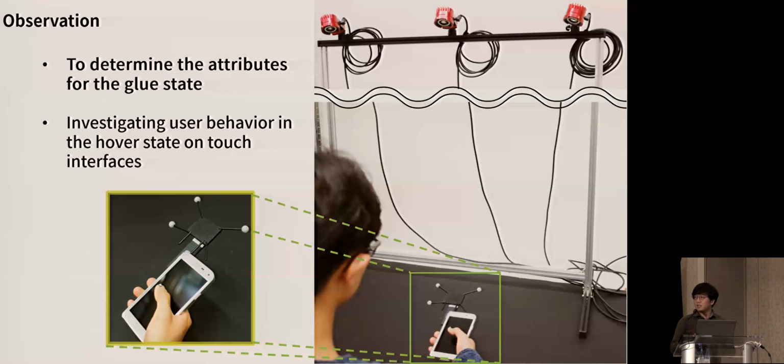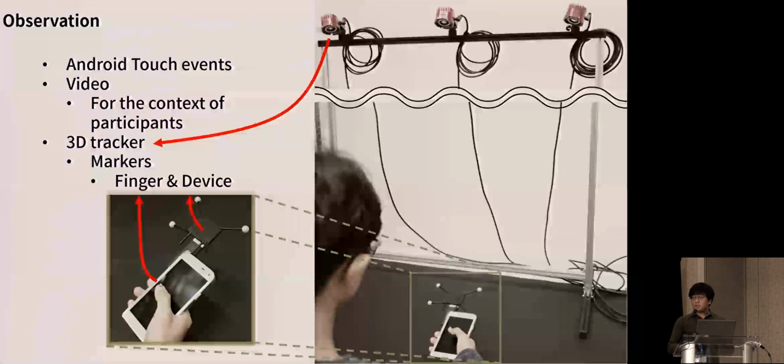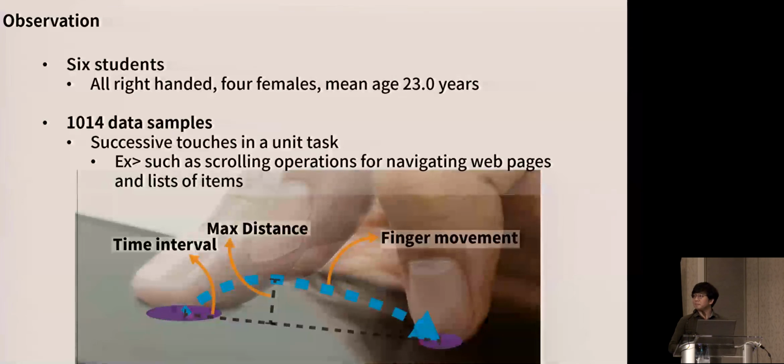In the observation, participants had to use conventional applications such as a web browser, messaging app, gallery, etc. To track the relative position of fingers from the device, we attached markers on the finger and the device. And Android touch events were injected to distinguish the hover and the touch state. We also recorded video to observe the context of users.